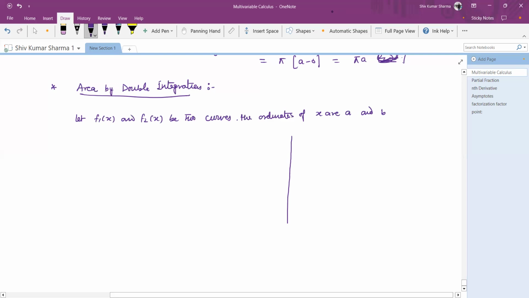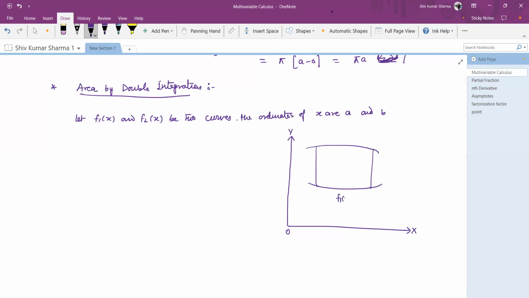So we have this type of figure. These are the ordinates we consider for x, and the curves we are using are f1(x) and f2(x). So this ordinate we consider as x equal to a, to x equal to b.